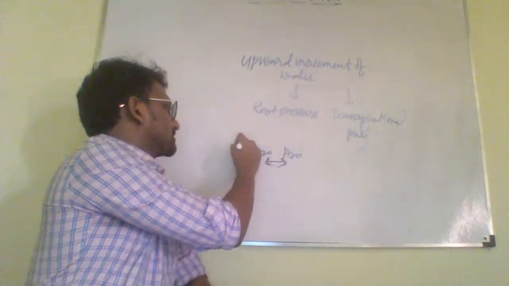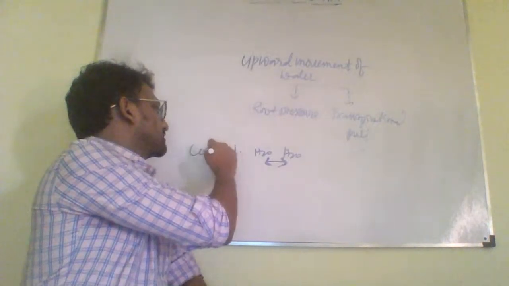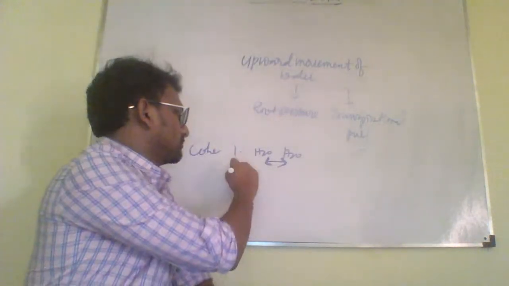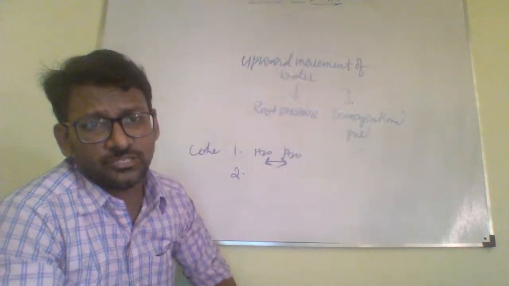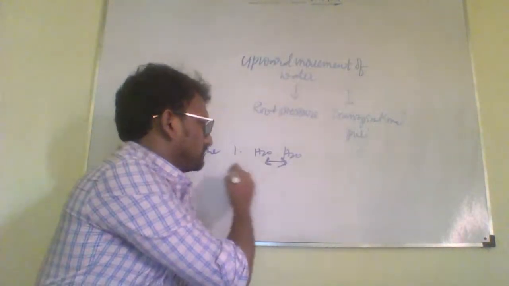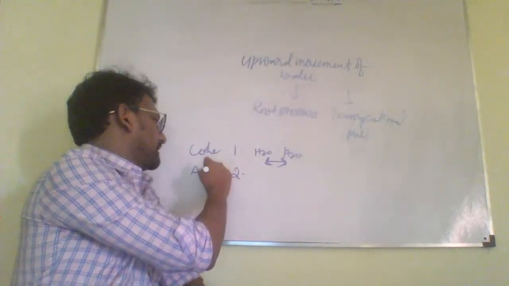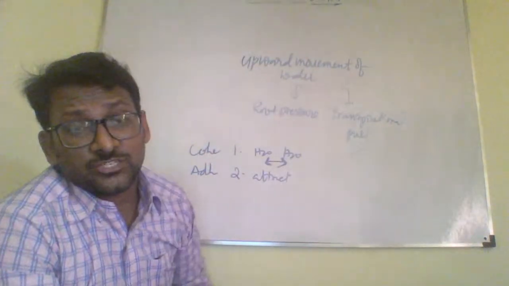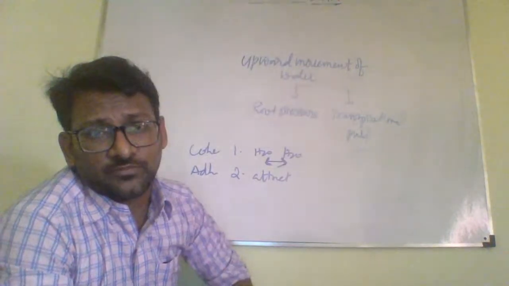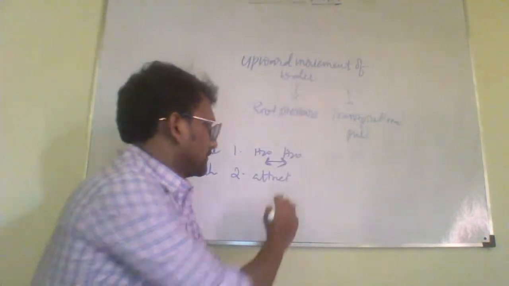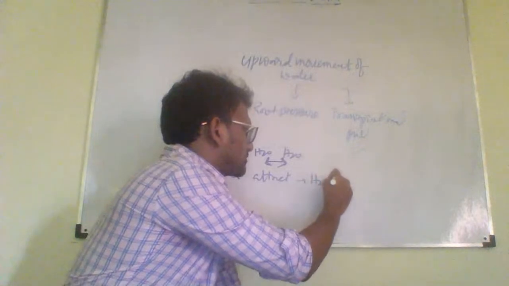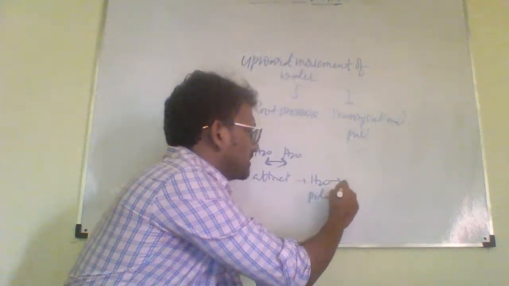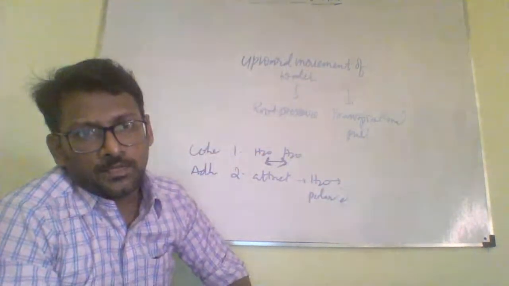So this is the first one, that is cohesion, right? And the second one is adhesion. Adhesion is attraction of water molecules to the polar surfaces. So it tends to attract, right?